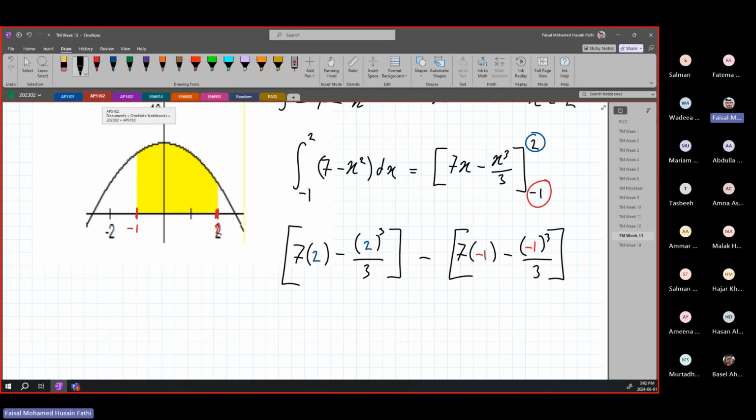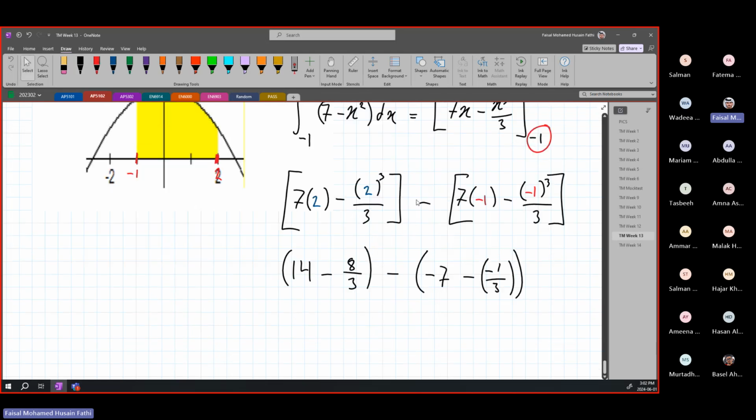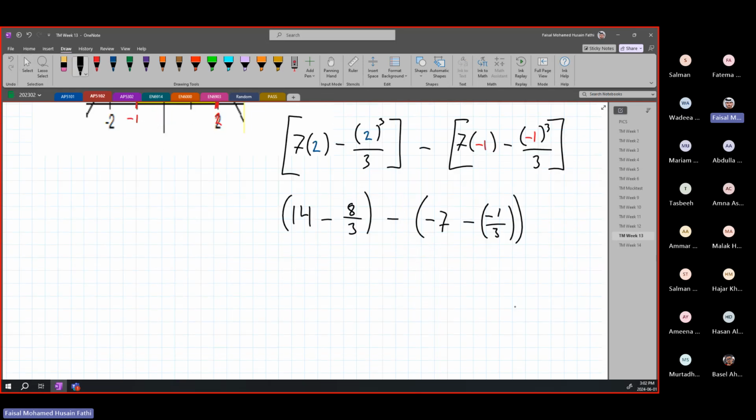All right. So this is going to be 14 minus 2 cubed is 8 over 3, minus, -7 minus, into -1 cubed is -1 over 3. Again, all you guys actually have to do is plug this into the calculator to avoid issues with your minus. So it's going to be 14 minus 8 over 3 minus, we're going to distribute here.